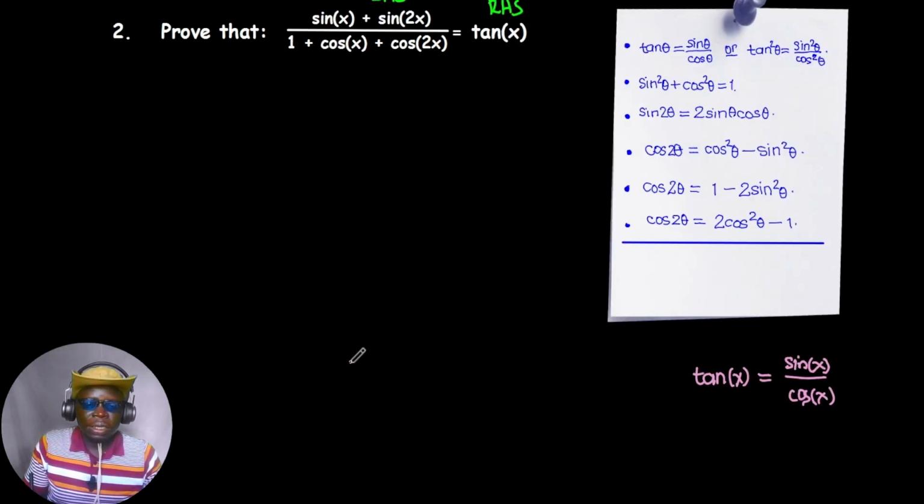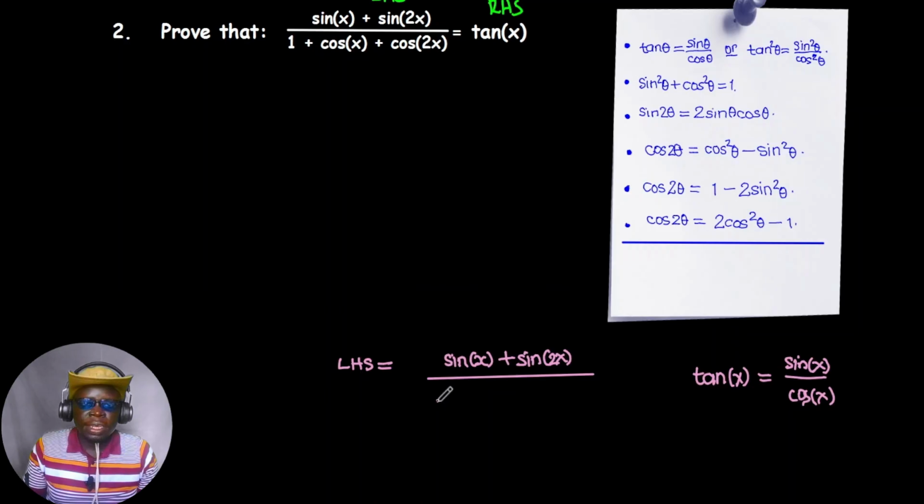So we can say our left-hand side is equivalent to, we can start from the numerator, and that is sine x plus sine twice x. So we divide this by 1 plus cos x plus cos 2x. And our main aim is to obtain tan x.